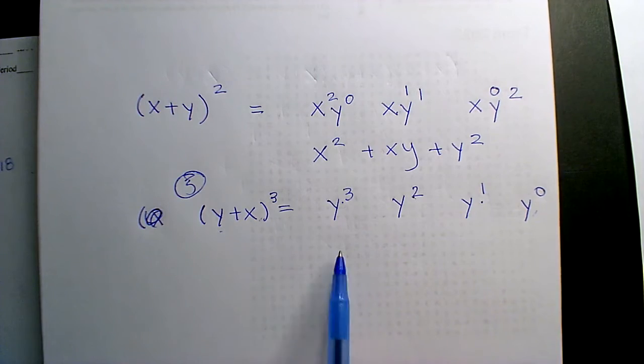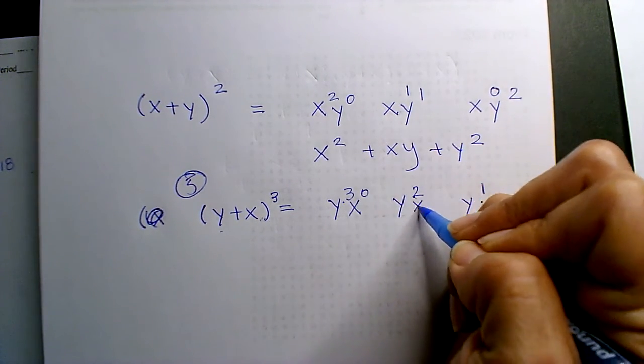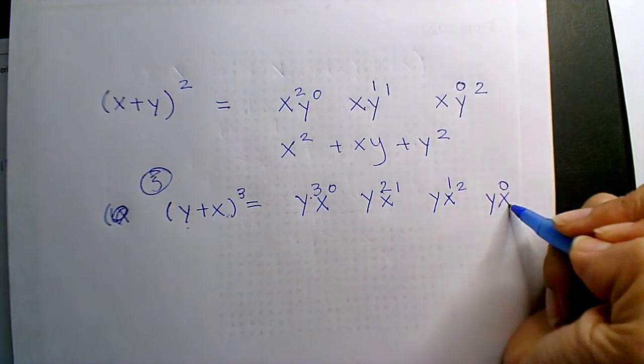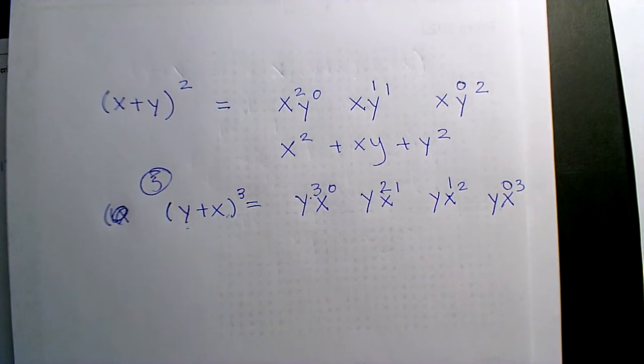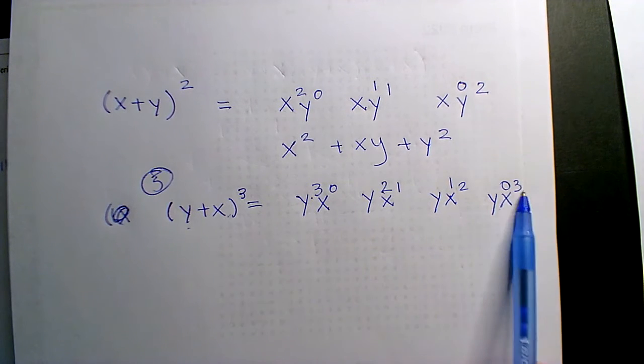The first term goes up, and you start at 0. X to the 0, x to the 1, x to the 2, x to the 3. So the first term is downward. The second term is increasing.